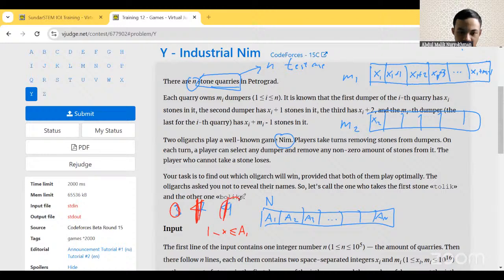The first player empties the last pile, so the second player can empty all of them. Yes, that's just one of the scenarios, but the second player always has a strategy to win.